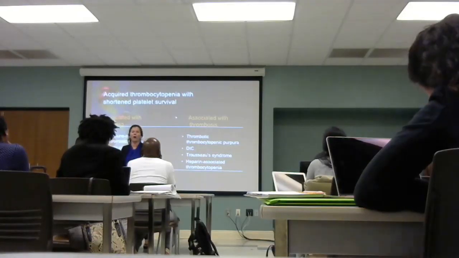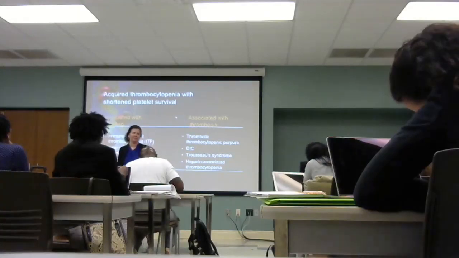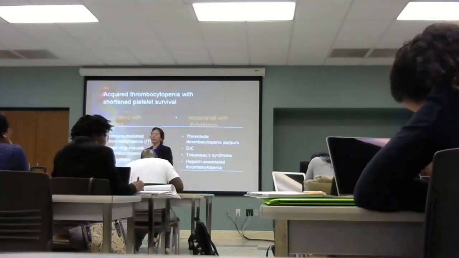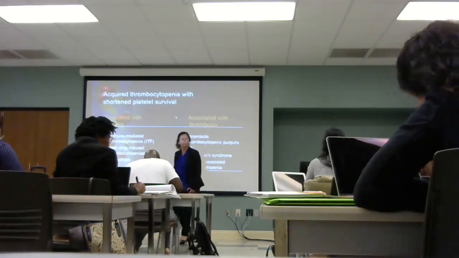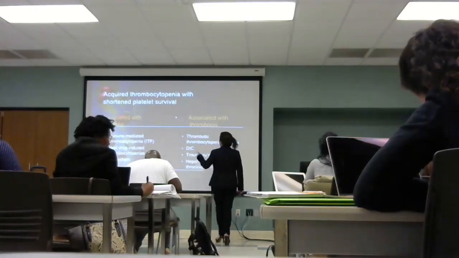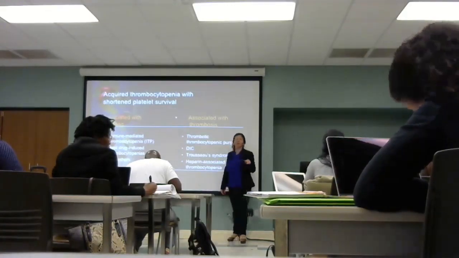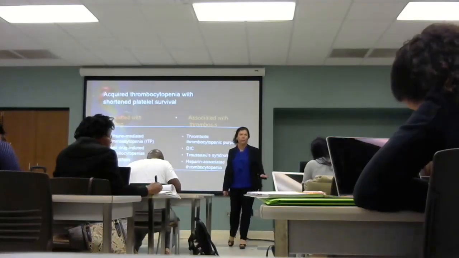But the most common cause are viral diseases. And the patients will start having spontaneous petechiae, purpuras, or ecchymosis. In this particular case, the patients will have a high risk for bleeding. We're going to go through one by one.